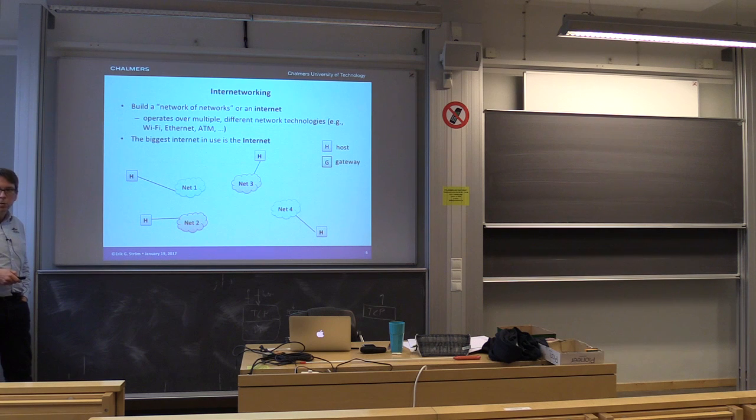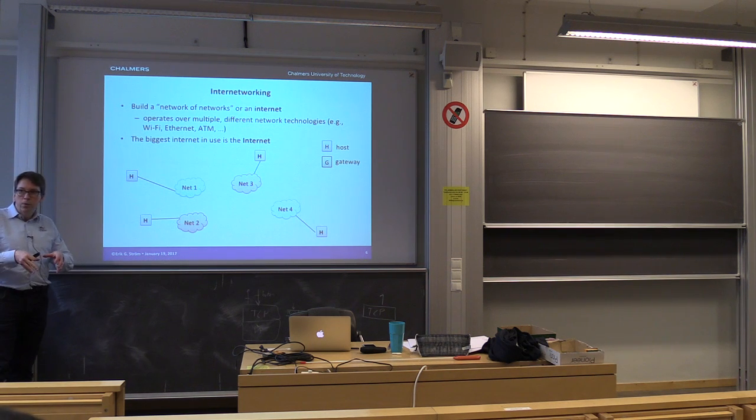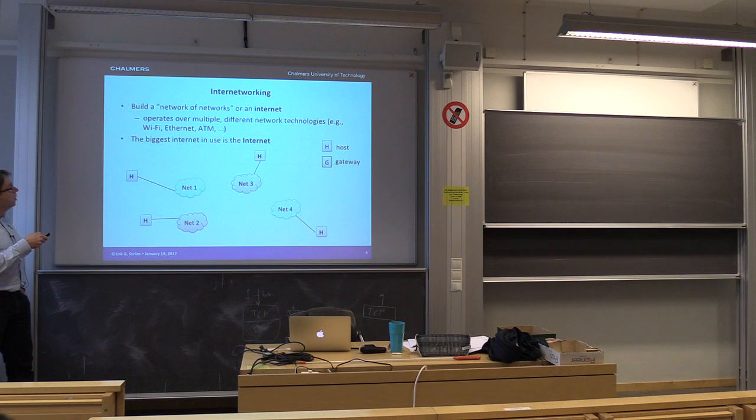That happens quite often. So the process of building a super network, that is a network of networks, is called an internet. And it operates over several of these network technologies, possibly several networks, possibly of different technologies.